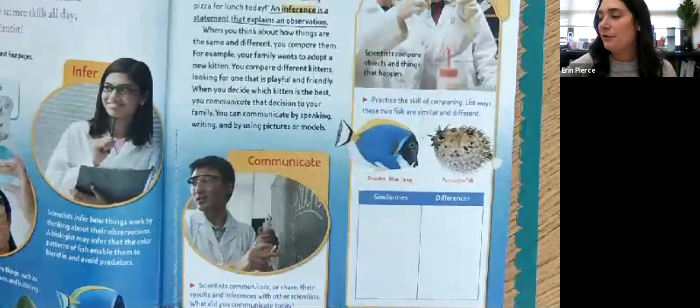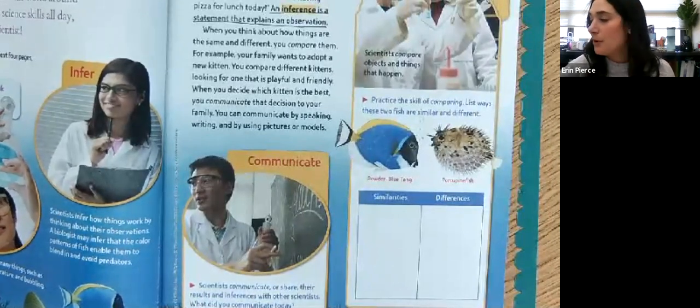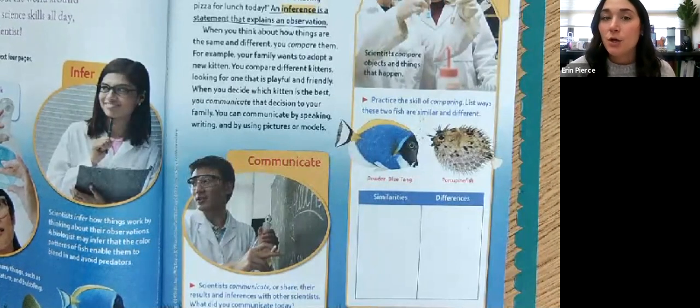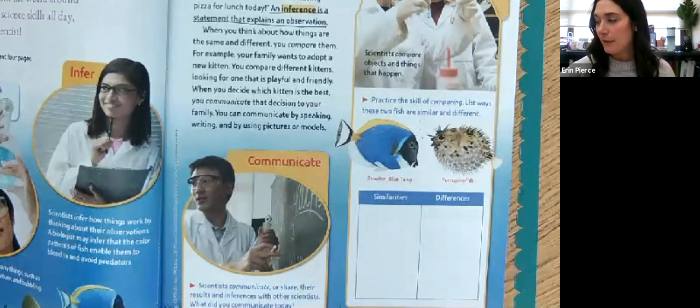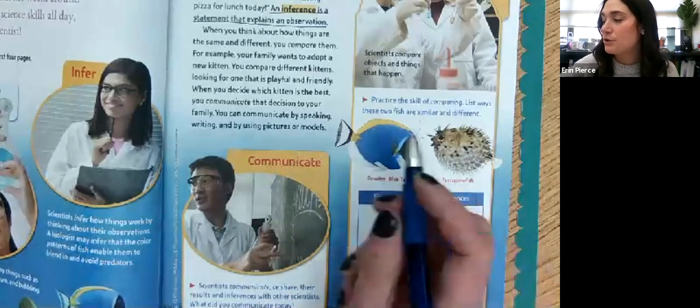When you think about how things are the same and different, you compare them. For example, your family wants to adopt a new kitten. You compare different kittens, looking for one that is playful and friendly. When you decide which kitten is the best, you communicate that decision to your family. You can communicate by speaking, writing, or using pictures or models.